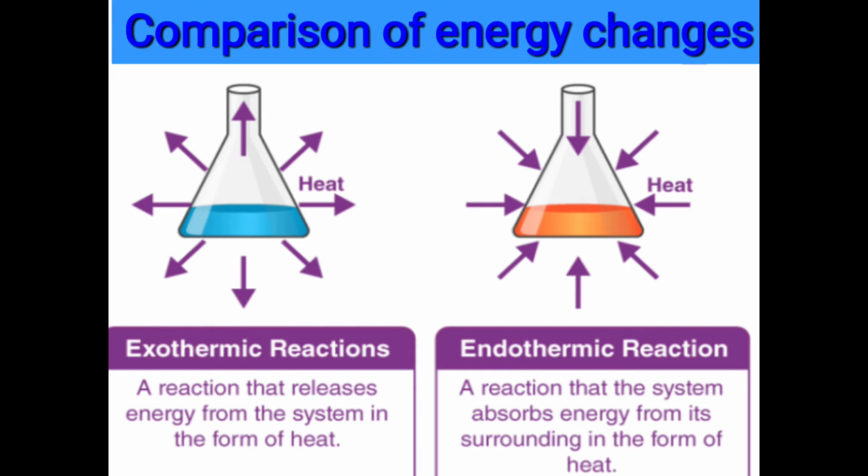So as you may see those arrows, heat energy is being released to the surrounding. So therefore heat is moving from the reacting system to the outside. Okay, you get that. So in an exothermic reaction, there's release of energy from the system, and that energy is in form of heat.